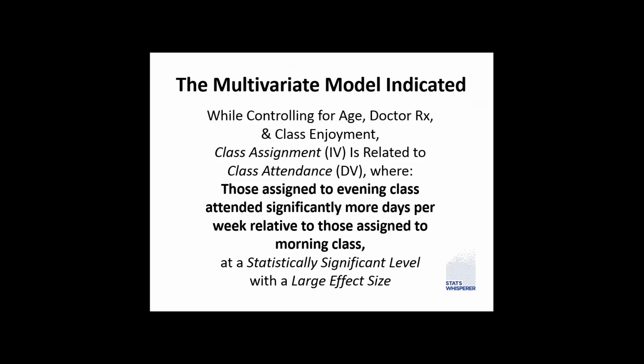So the multivariate model indicated that when we control for age, doctor prescription, and class enjoyment, class assignment is related to class attendance, where those assigned to evening class attended significantly more days per week relative to those assigned to morning class, at a statistically significant level with large effect size. So that's the encapsulation, the whole story, the result of that analysis.